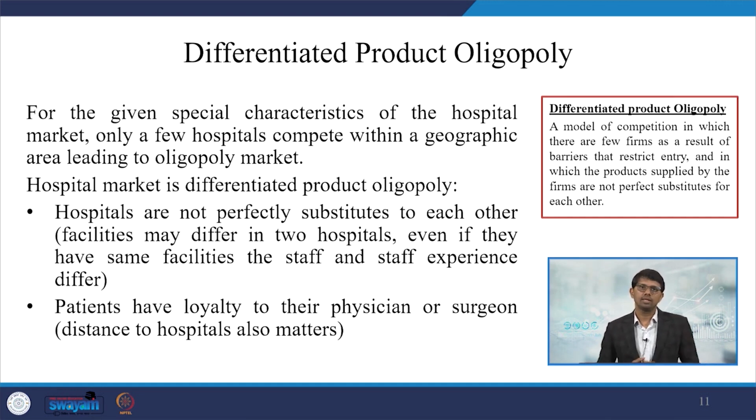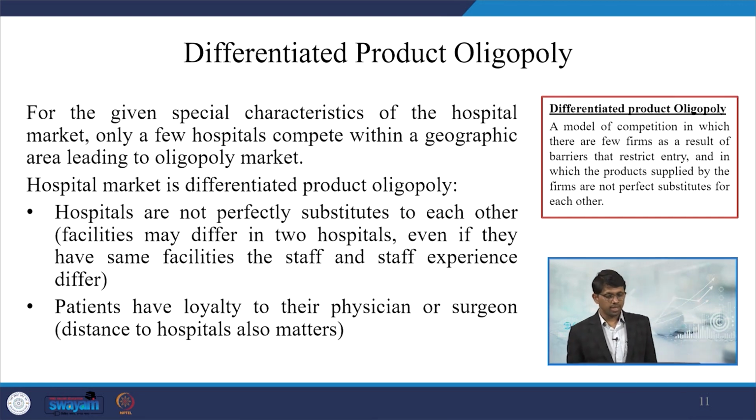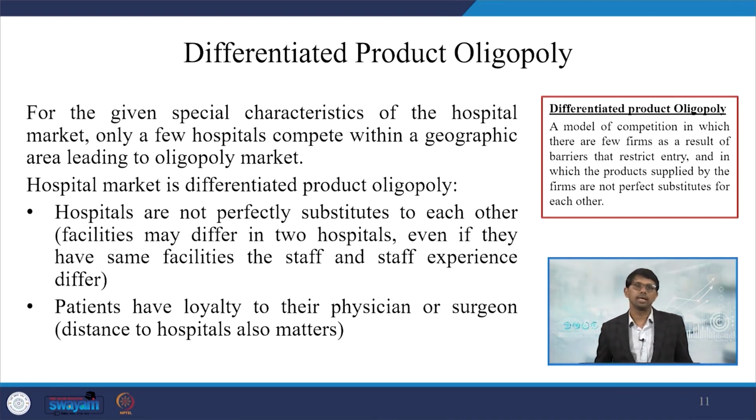Given the special characteristics of the hospital market, only a few hospitals compete within a geographic area, which leads to the possibility of an oligopoly market. The hospital market is a differentiated product oligopoly.